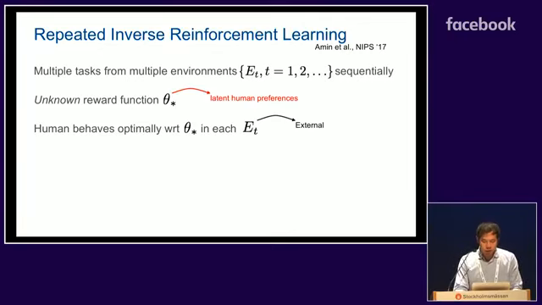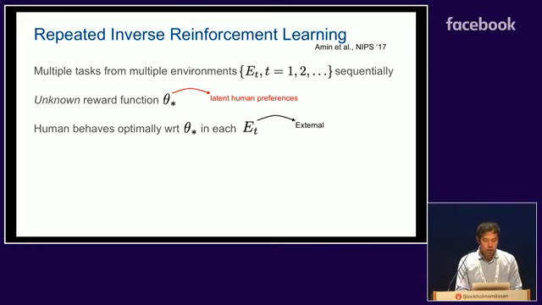The motivation is that this common parameter, theta star, may represent something about the latent human preference in terms of how humans want to communicate to the robot. So then the goal for us is to learn theta star from demonstrations from as few tasks as possible and generalize to a new one.